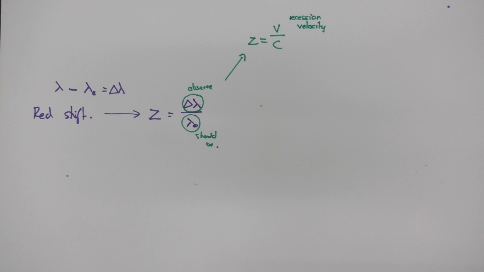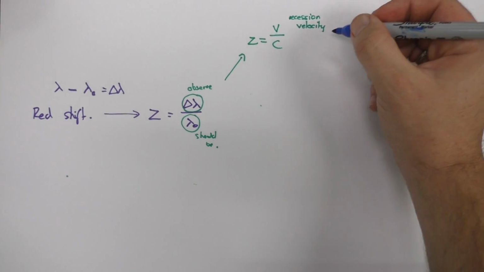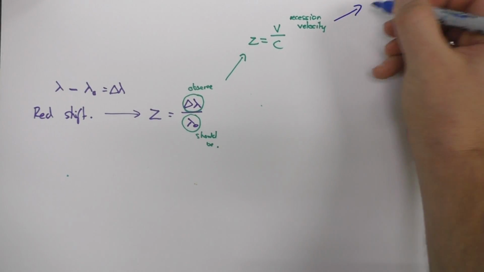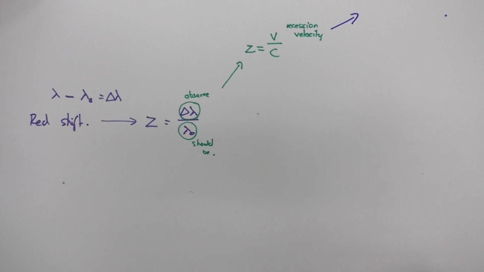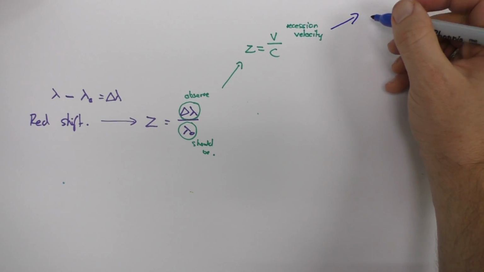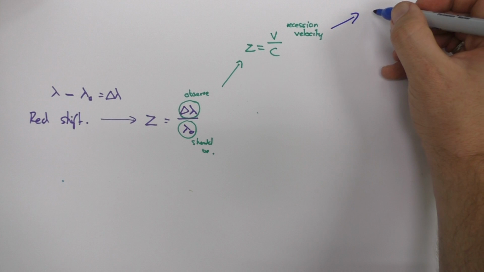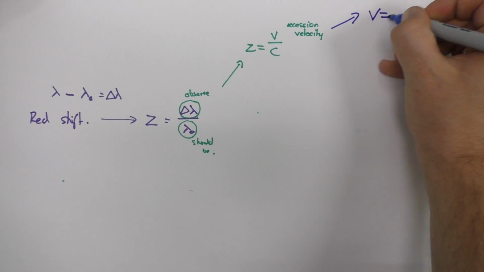But there's more to be said from this, because it's nice to know the recession velocity of something, but what we don't realize is that actually this has a use. And the use is that we can input that velocity into Hubble's law.